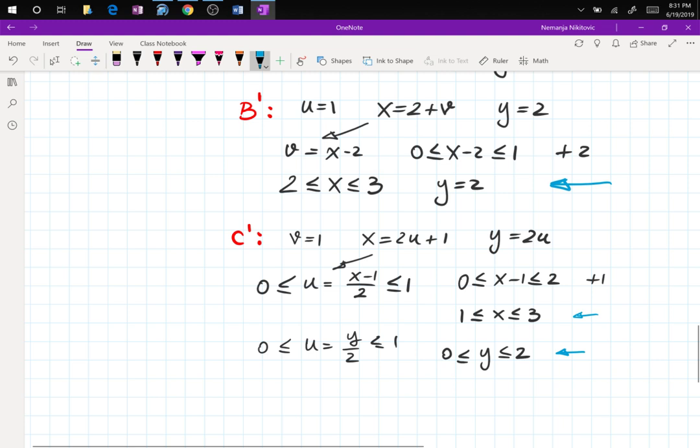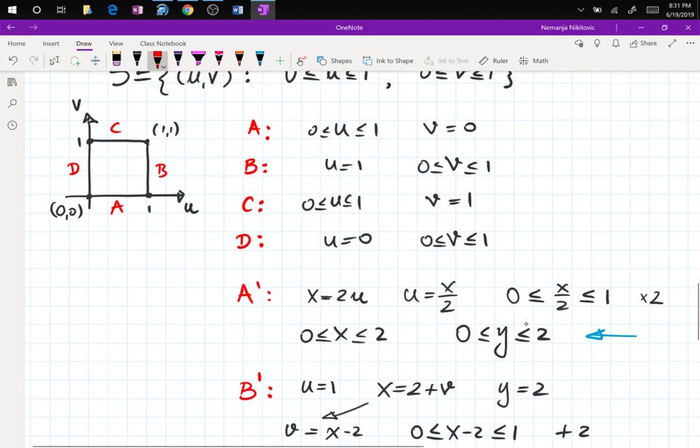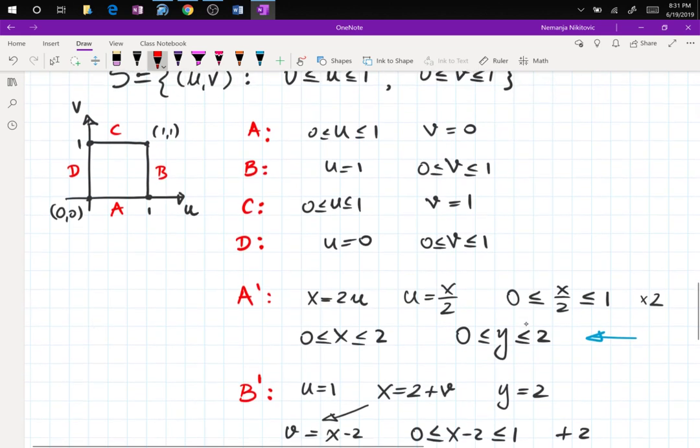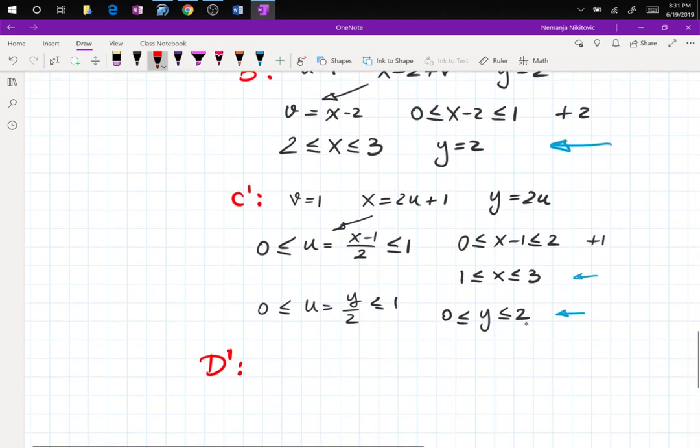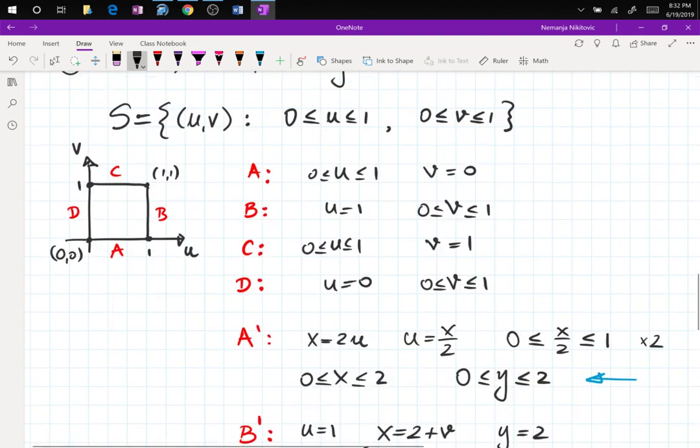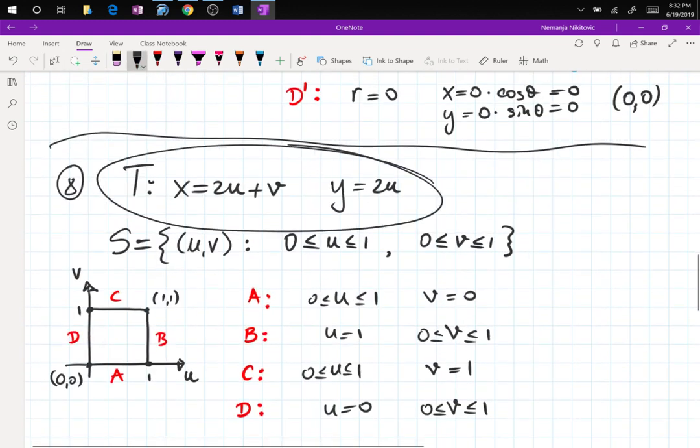And finally D prime. U is always 0. Since u is always 0, then my transformation is x equals v and y equals 0 all the time. Where did I plug u equals 0? I plug that here, right, in the transformation.